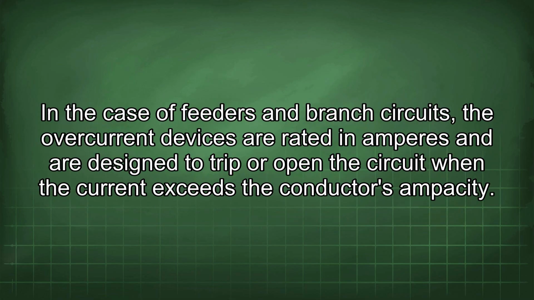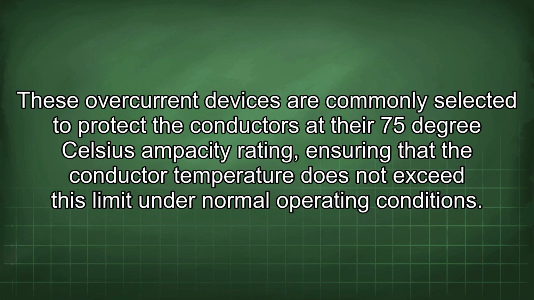In the case of feeders and branch circuits, the overcurrent devices are rated in amperes and are designed to trip or open the circuit when the current exceeds the conductor's ampacity. These overcurrent devices are commonly selected to protect the conductors at their 75°C ampacity rating, ensuring that the conductor temperature does not exceed this limit under normal operating conditions.